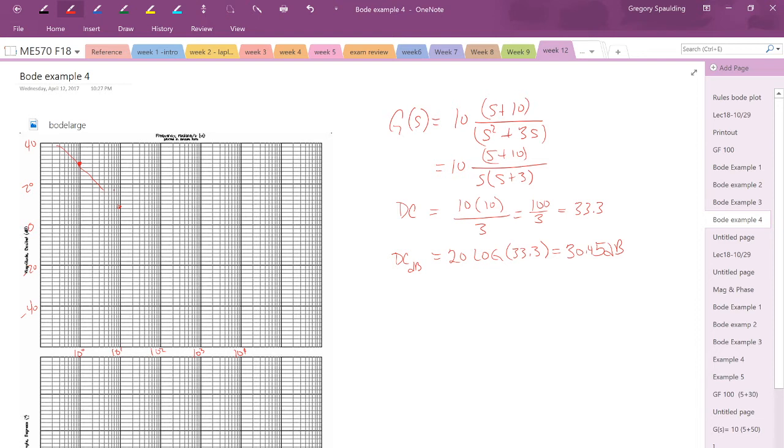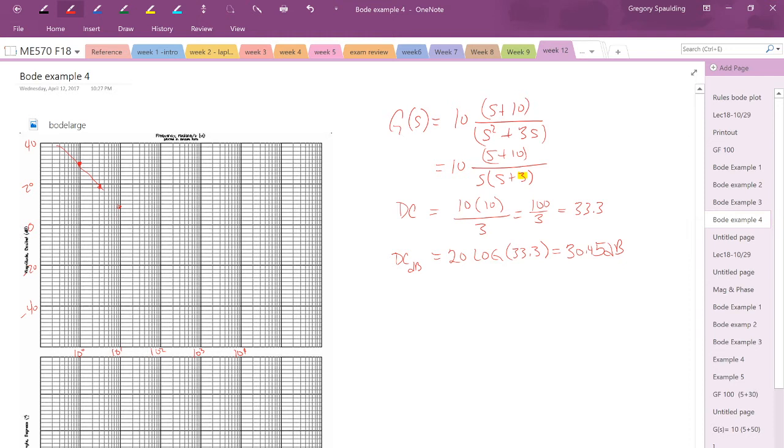Coming in here now, we look at the next largest pole or zero. In this case it's at 3. We've got a pole at 3, so we're going to go down even more. That would be about in there, and we're going to go down 40 dB per decade.